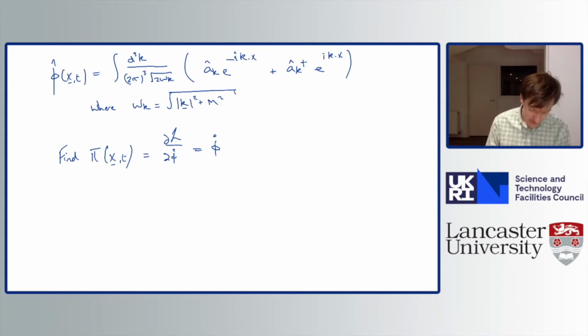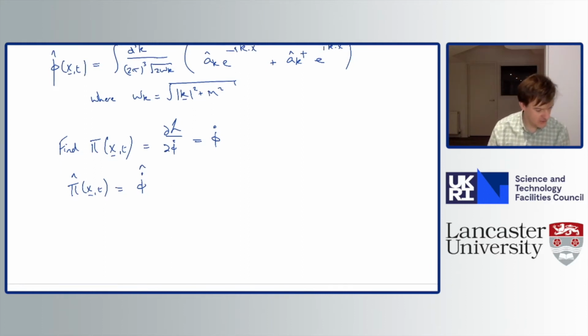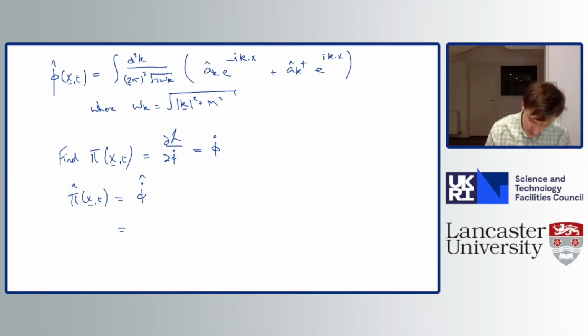So we're going to find that our momentum field is also phi dot. So I'm going to take the time derivative with respect to t of the expression above to get an expression for the conjugate momentum. Okay, so let's do that.